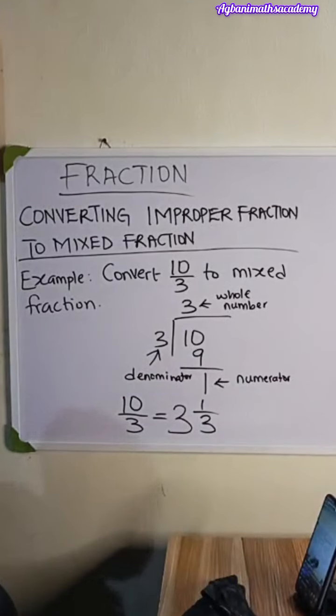You divide here by 3, you're going to get 3. So 28 all over 3. So if you divide this using the method we did, 28 divided by 3 will give you 9. 9 times 3 will give you 27. And then 28 minus 27 will give you 1. So the whole number is 9. The numerator is 1 all over 3. Correct. Okay.